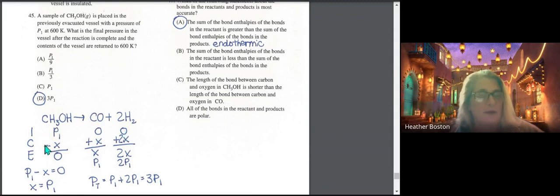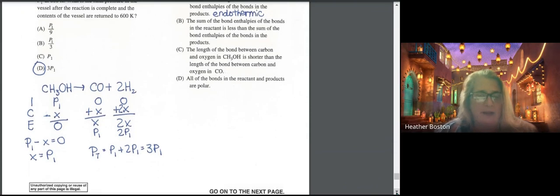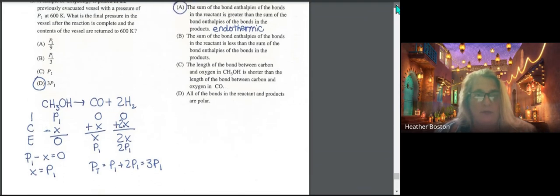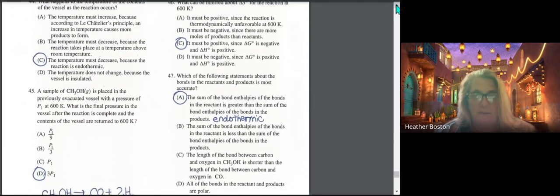All of that P1 is going to be gone. So my equation becomes P1 minus X equals 0. And at equilibrium, I will have X CO and 2X H2. I'm going to replace the variable X with P1, and it becomes P1 plus 2P1 equals 3P1. So the correct answer is D.